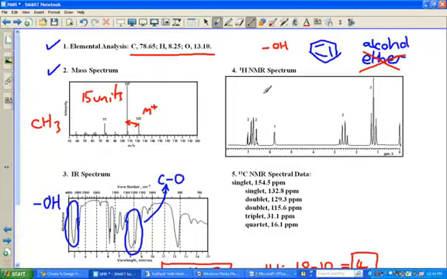Well, let's look at our proton NMR here and see what we can get. Now, there is one thing that should stick out like a sore thumb to you at this point. And that is what's going on in the aromatic region of the NMR spectrum. If you remember, that goes between about 6.5 and 8 ppm, which is right here.